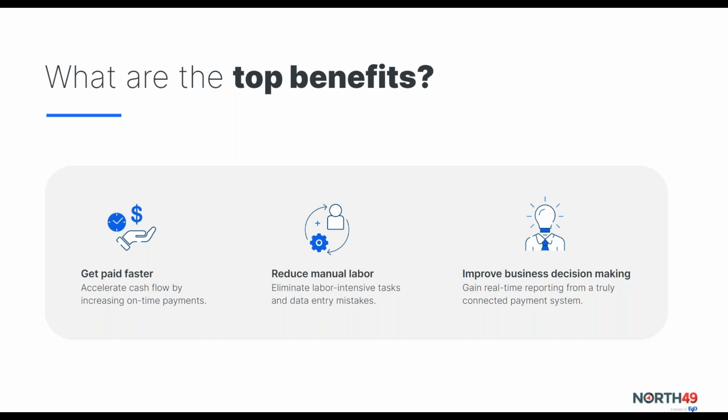So the biggest benefits that our customers realize here is, number one, when you make it easy for them to pay, they will pay you more quickly. That means you get that money into your doors faster. You can put it to work in the business or in your organization. And again, we spoke about this, reducing all that manual labor. And anytime you introduce a human element into that equation, you introduce the opportunity for a possible mistake to be made.